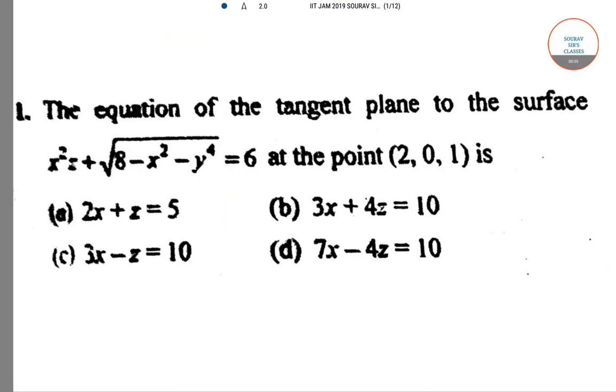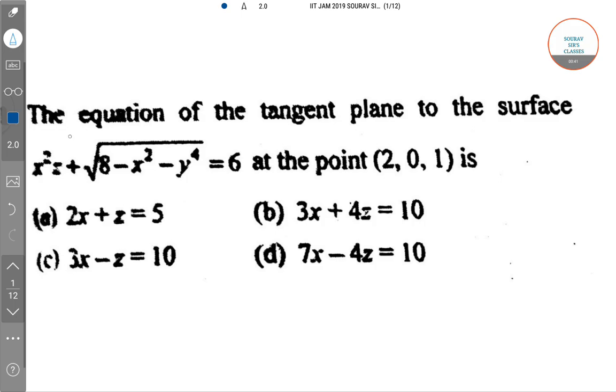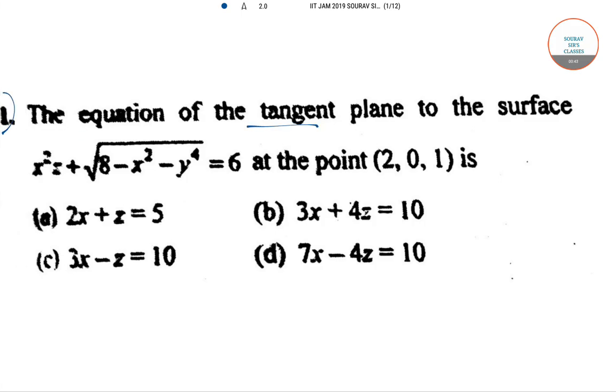Question number 1 goes like this: the equation of the tangent plane to the surface x square z plus root under 8 minus x square minus y to the power 4 equal to 6 at the point (2, 0, 1).